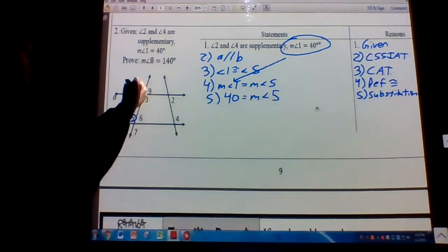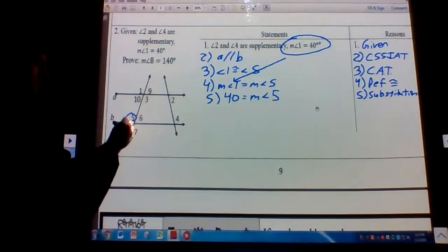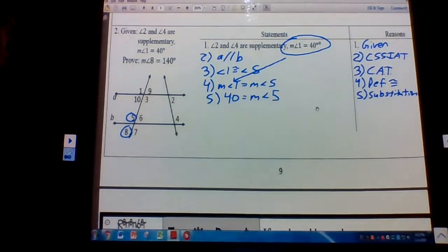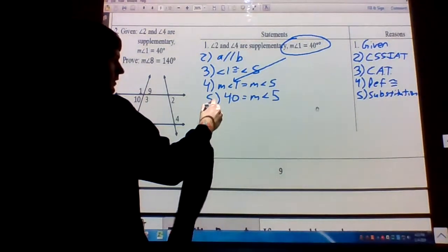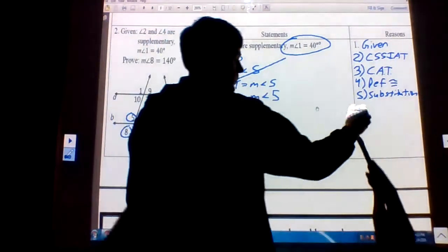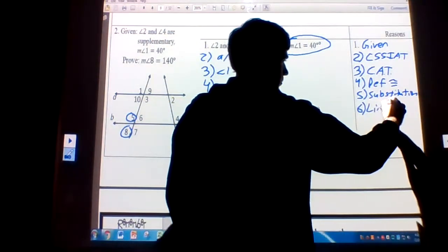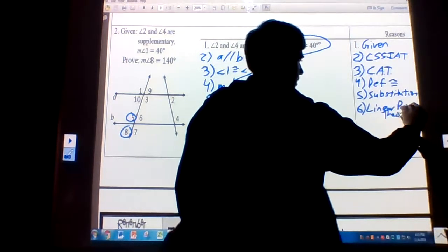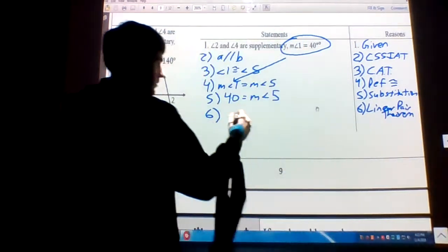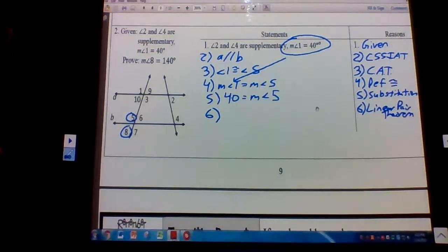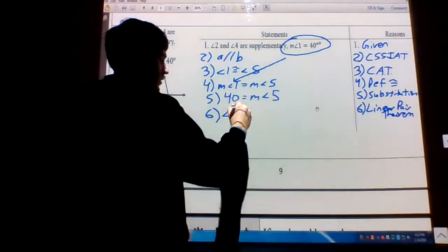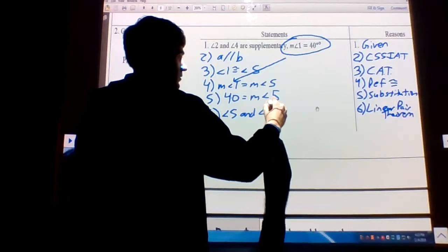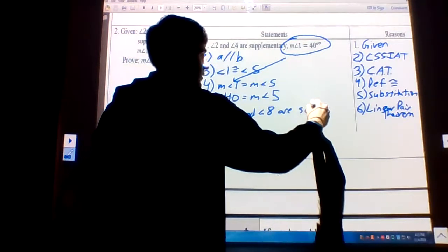So now we're at 5, we're trying to get to 8. So we know that 5 and 8 are a linear pair, so we're going to use the linear pair theorem. The linear pair theorem says that linear pairs are supplementary, so we're going to say angle 5 and angle 8 are supplementary.